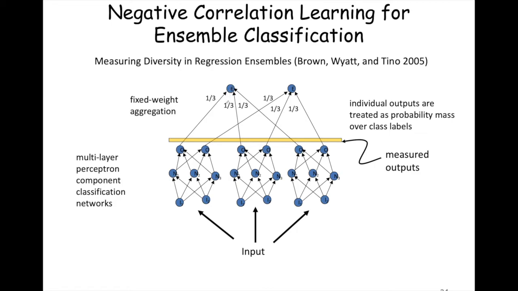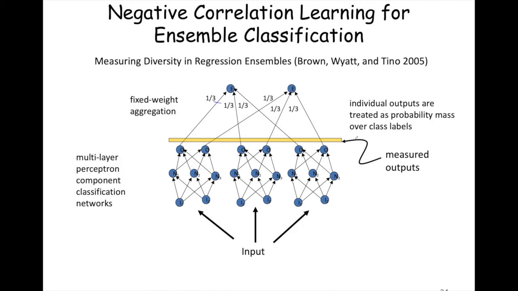They took the outputs of these multi-layer perceptrons, with the left-hand output aggregated through an equal vote, 1/3, 1/3, 1/3, and likewise for the right-hand output, 1/3, 1/3, 1/3. So they're voting based on the regression networks.